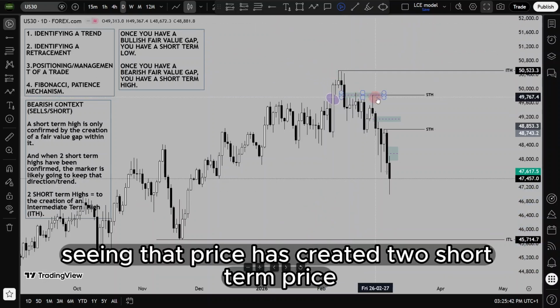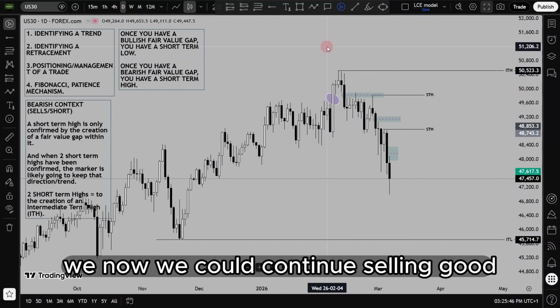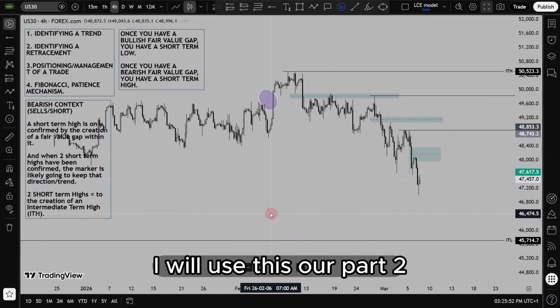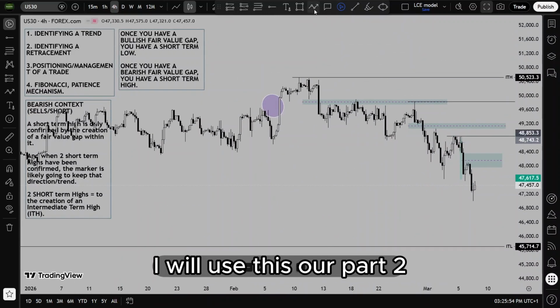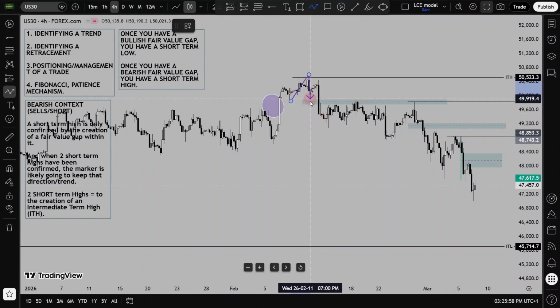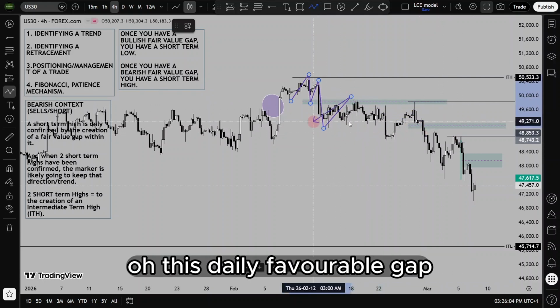Seeing that price has created two short-term highs, it means we now want to start selling. We could continue selling. When we go to our 4 hour time frame, I will use this to draw. Mind you, we are working with this daily fair value gap.